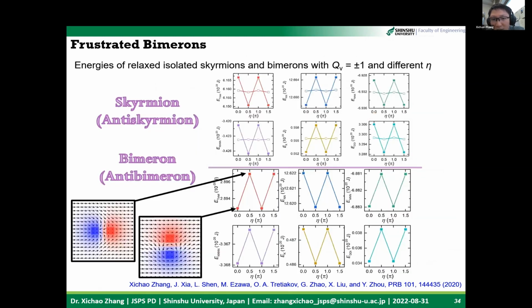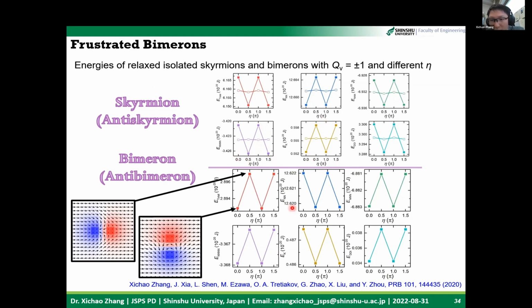For the relaxed bimerons and the skirmings, both the bimeron energy and the skirming energy depend on their helicity numbers. For the skirming, I have mentioned before that the total energy reaches the minimal value at the helicity of 0.5 or 1.5 in the units of pi, because the block type spin textures are favored by the dipole-dipole interaction.